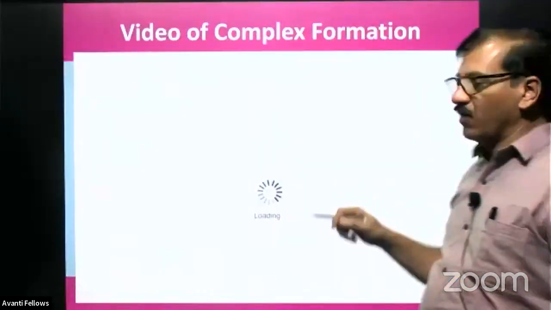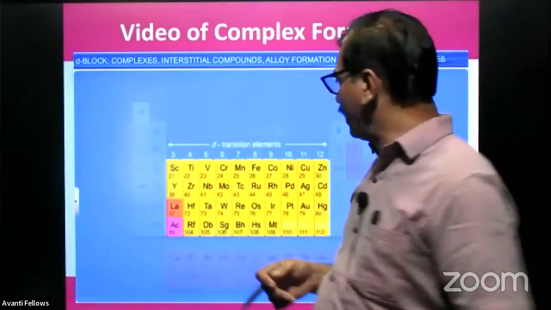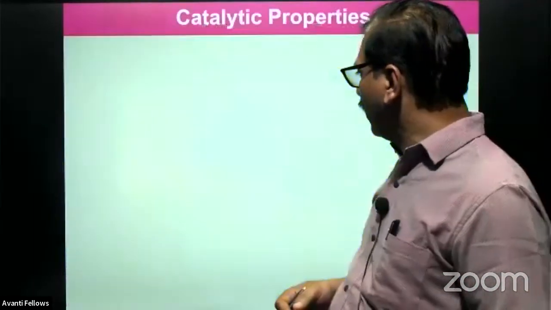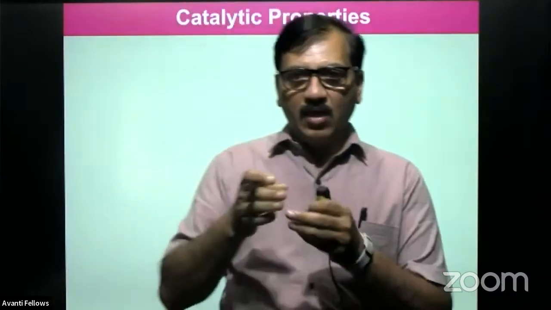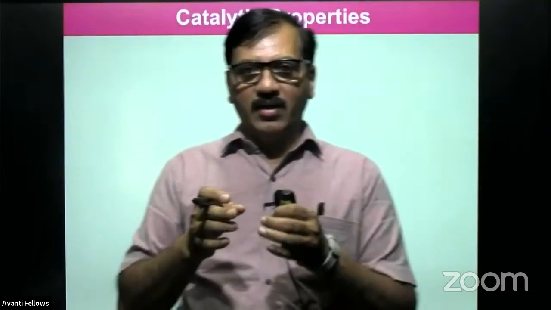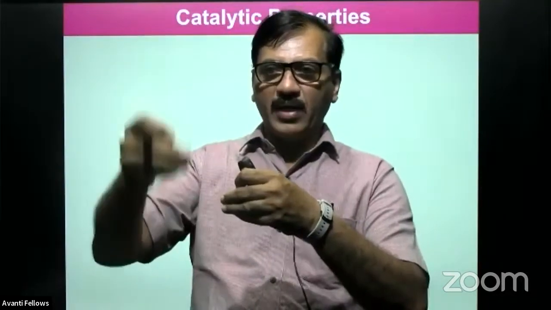If the vacant d orbitals are not there, they are going to make use of the orbitals which are further out. Okay, so if the d orbital is completely filled, then it uses s, next p orbital, and next d orbital.